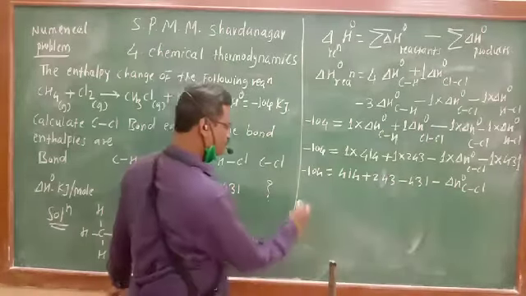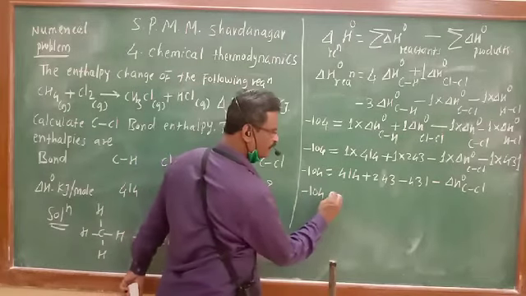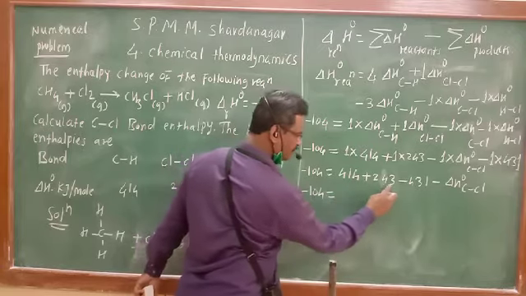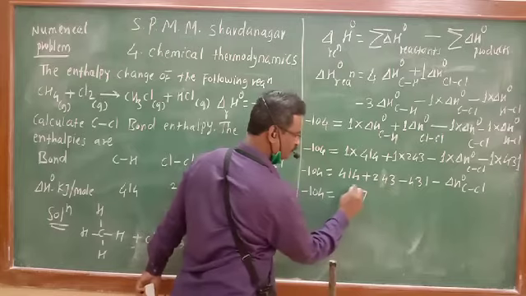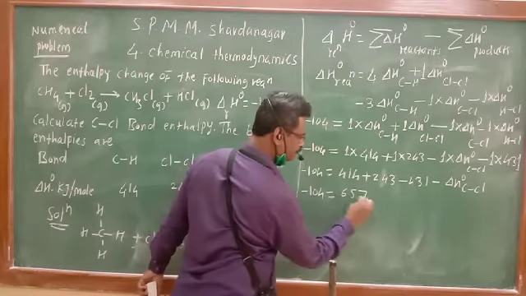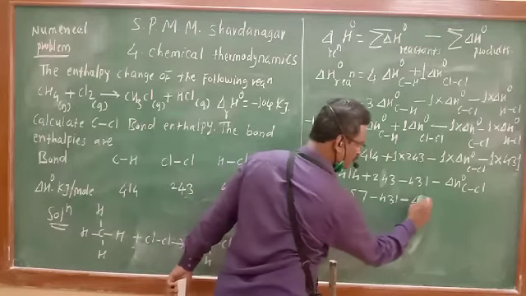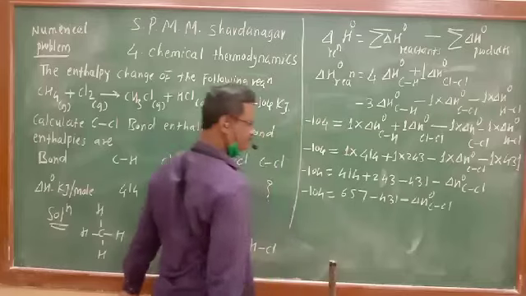Just solve it. Minus 104. Then 414 plus 243 is 657, minus 431 is equal to minus delta H naught of CCl.